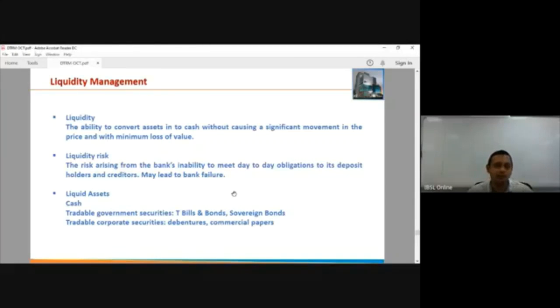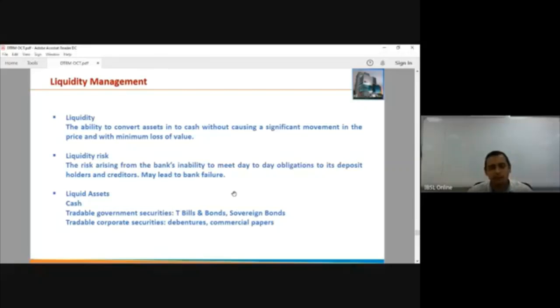minimum value loss. Then liquidity risk is where a bank or anybody fails to meet their day-to-day obligations. It is the bank's inability to meet the day-to-day obligations. It may be depositors or it may be other creditors. Because people who deposited money, they want to withdraw. And other creditors, people who lent you money, they also may want to take out money, right?